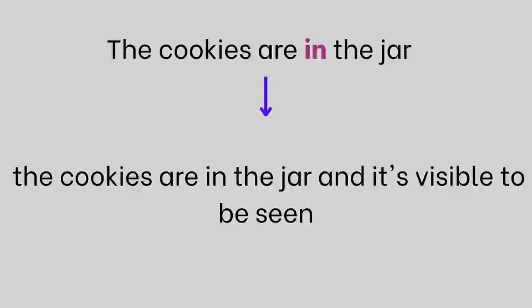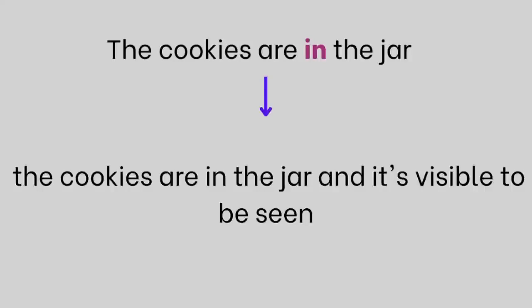The first one, the cookies are in the jar, meaning that the cookies are basically visible to be seen. They are in the jar. So maybe there are only these particular cookies in the jar, and you can easily find them without any problems. And by the way, if you're not sure about the meaning, a jar is basically the place where we put the cookies in.